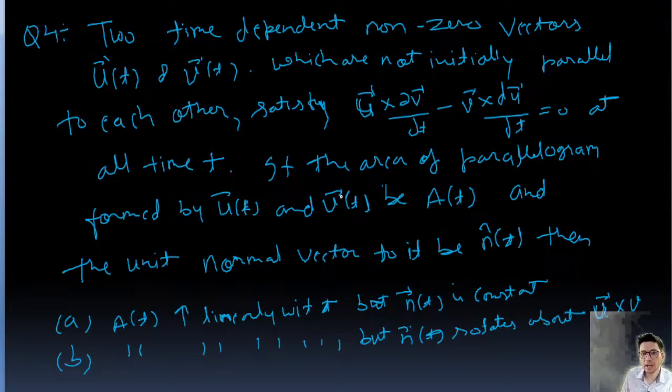And if the area of the parallelogram formed by u and v is A(t), then the unit normal vector to it is n cap(t). This is the condition, guys. So this is n cap, guys.